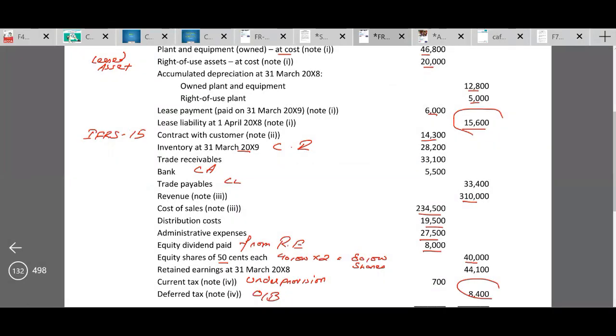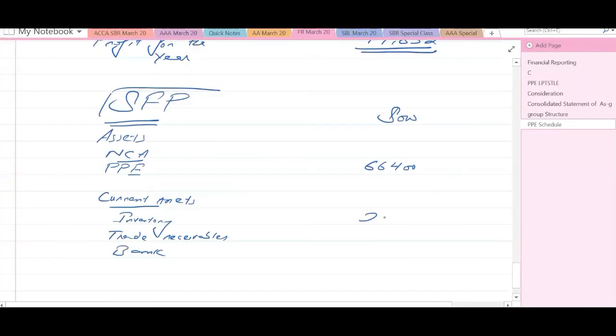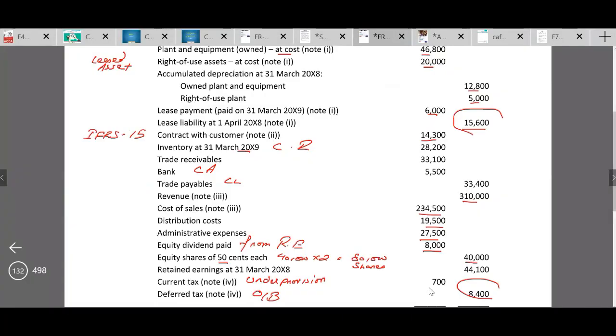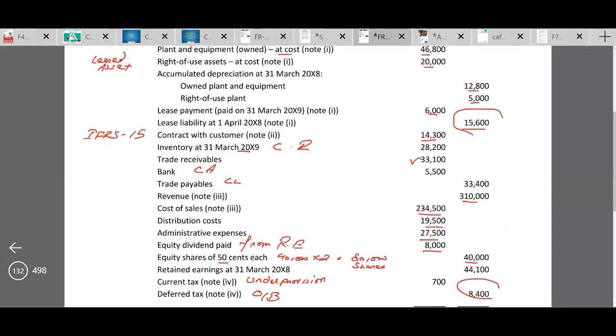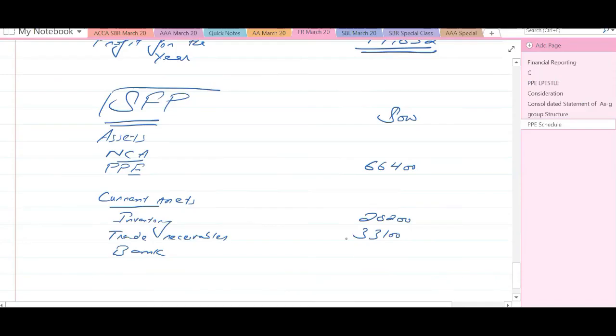Inventory is 28,200. Trade receivables, 33,100. Bank, 5,500.